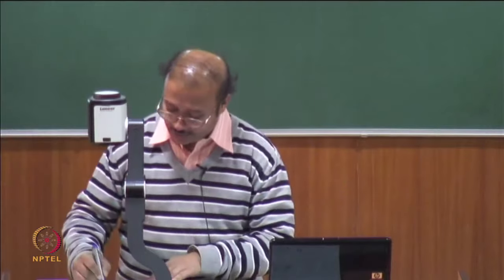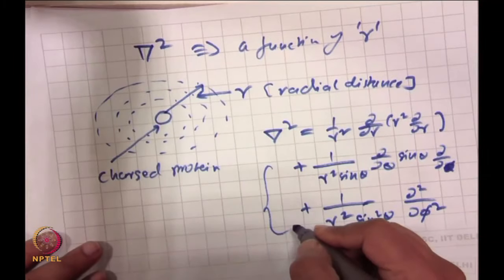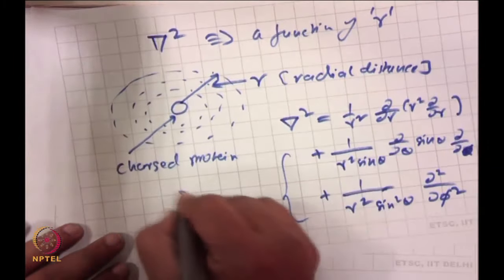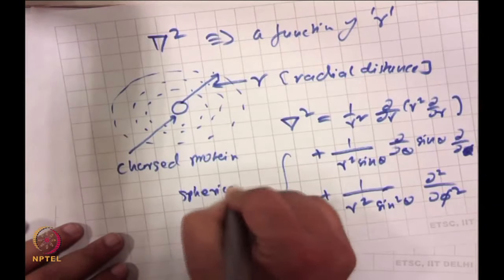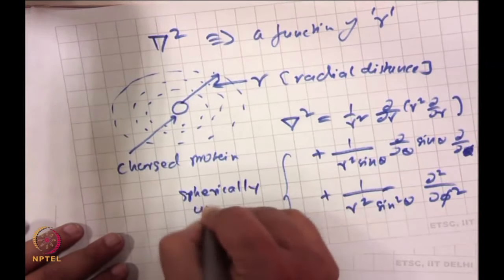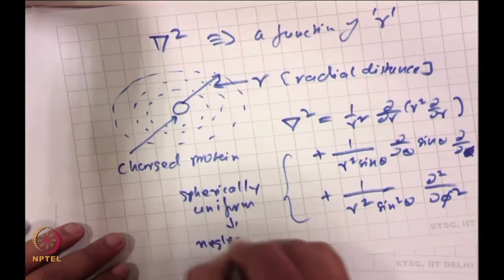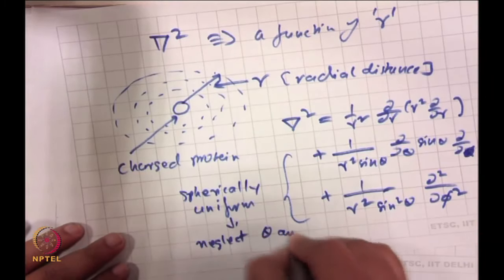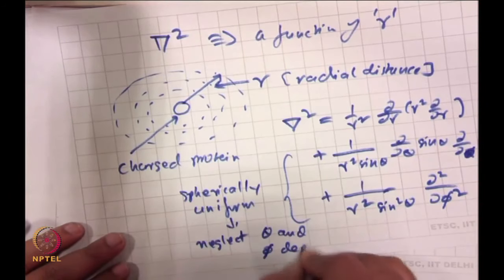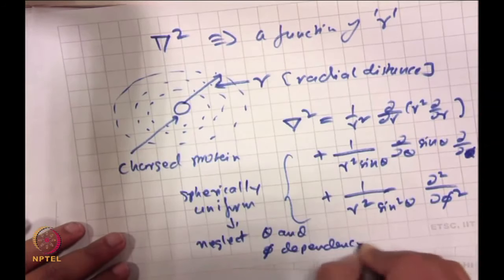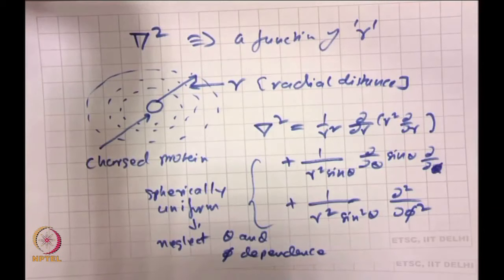Because we are considering a spherically uniform potential, we neglect theta and phi dependence.